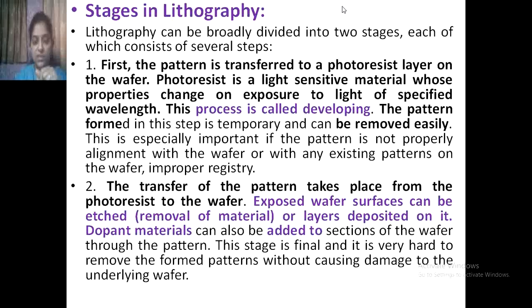Photoresist is a light sensitive material whose property changes on exposure to light of specified wavelength. This process is called developing. So in the first stage, the geometric pattern is transferred onto the photoresist layer on the wafer.